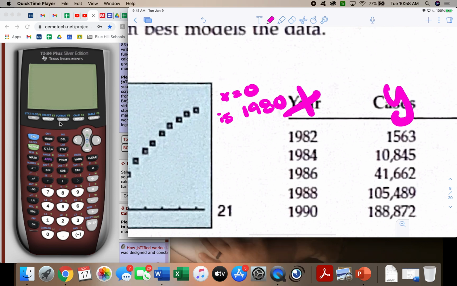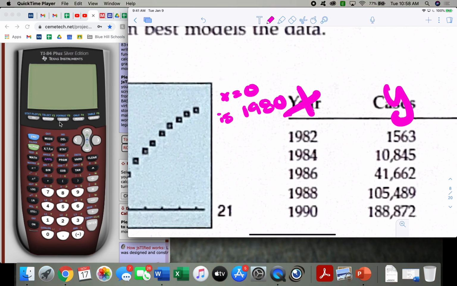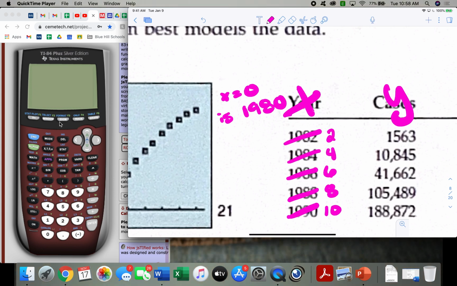So rather than entering 1982, 1984, 1986, 1988, we want to designate those as the year that they're supposed to be. So this one is 2. I'm going to cross out 1982 and put 2 in there. 1984 is going to be year 4. So cross each one of these out and put in the years that they're supposed to be. The first column should be 2, 4, 6, 8, 10.